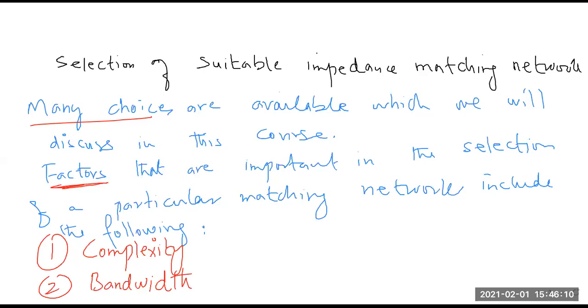So bandwidth is another important factor. Once we go through the design of different impedance matching circuits, we will also find out how to calculate their bandwidth.